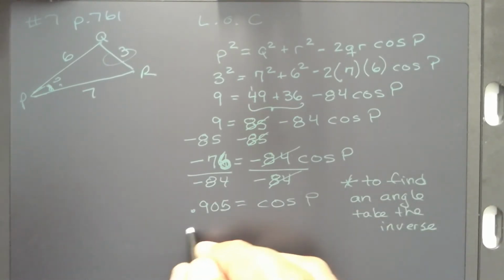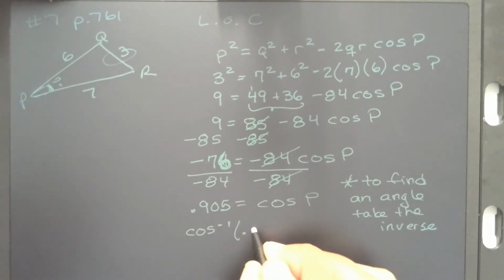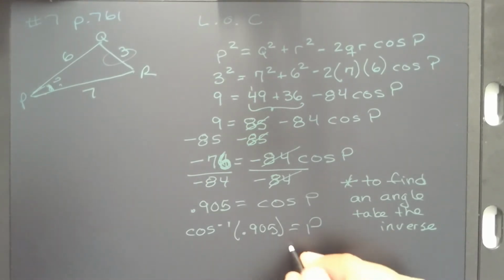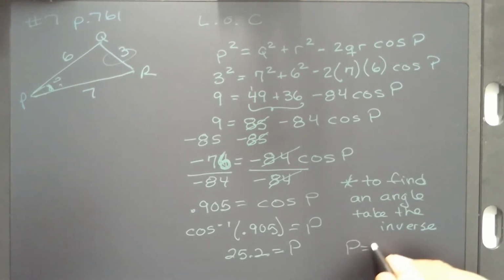There you go. So we have cosine inverse of 0.905, which should give me the angle P. So according to this, P is 25.2, so P is just 25 degrees.